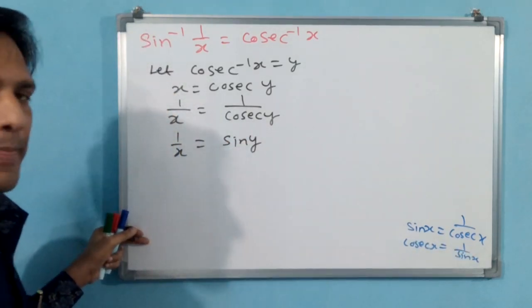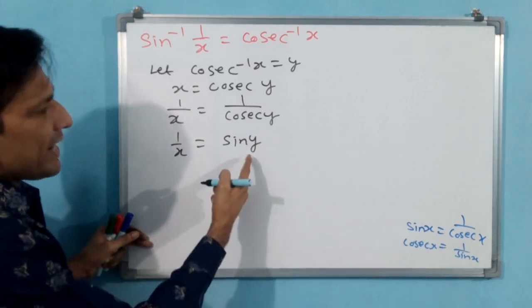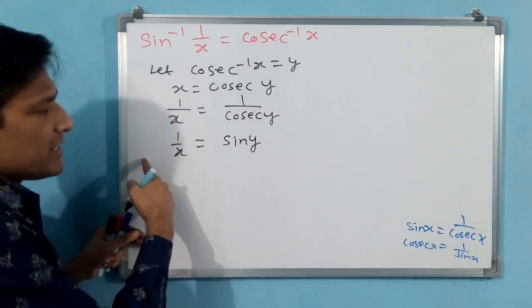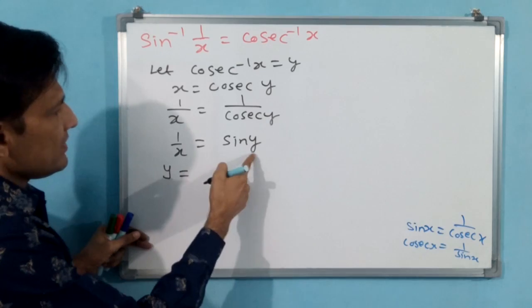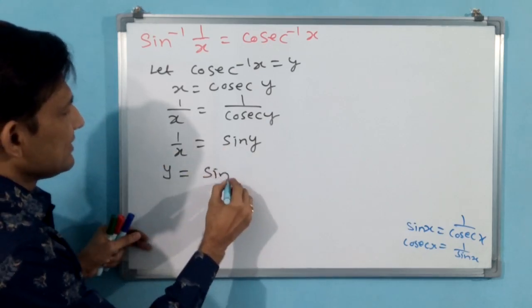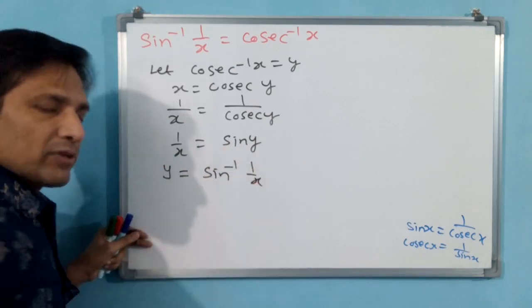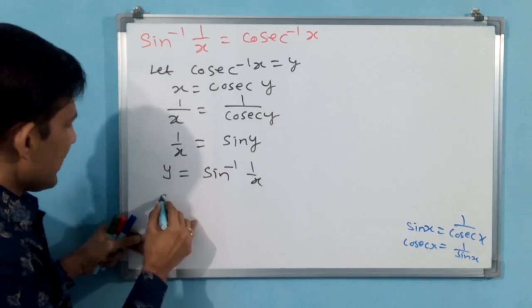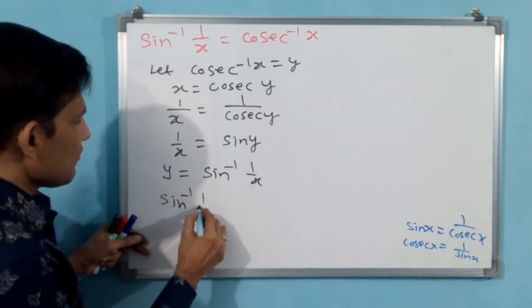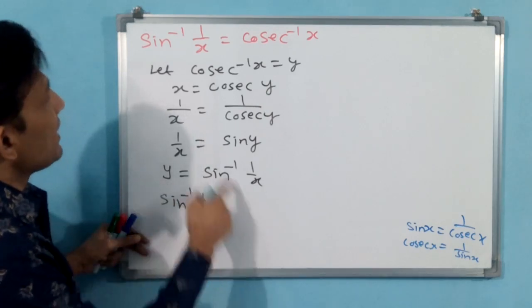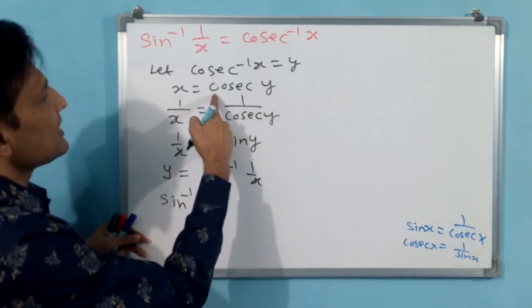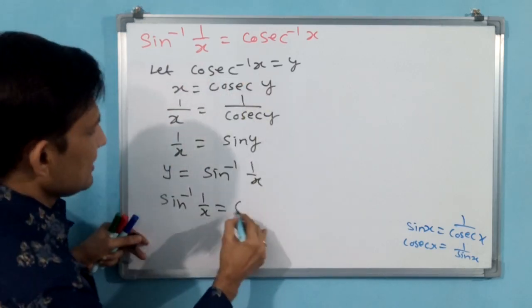Is it okay? Now again, this sine function I am sending to this side. Y is equal to sine inverse 1 by x. Now again I am writing sine inverse 1 by x is equal to y. What is y? Y is cosecant inverse x.